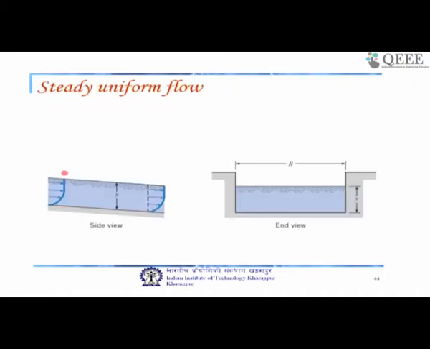So, steady uniform flow. Obviously there will be no change in the velocity profile. So, the velocity profile in two cross sections will be the same, depth of flow will be the same. In this case we are considering a rectangular cross section, so that is why width is the same.